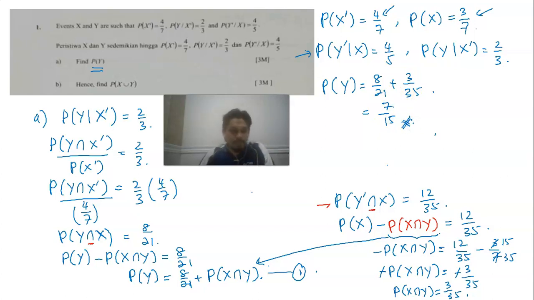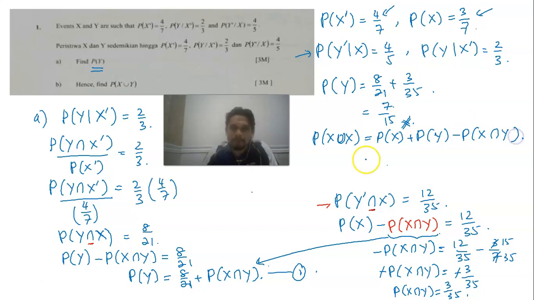Okay, so then next, find probability of x union y. Probability of x union y equals probability of x plus probability of y minus probability of x intersect y.